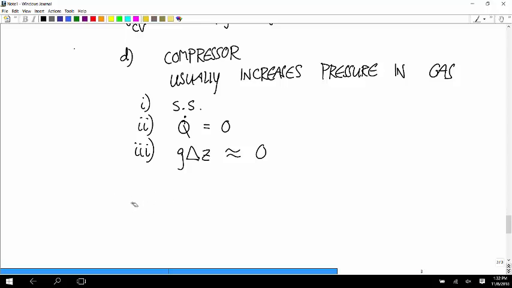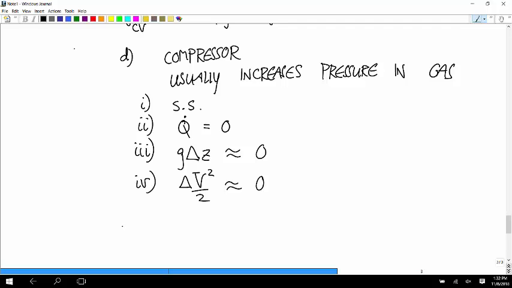We also are not usually going to care about speed. So the change in v squared over 2, we're going to usually make that 0.